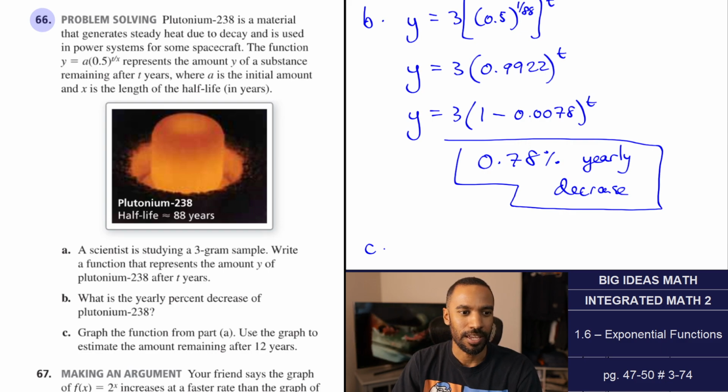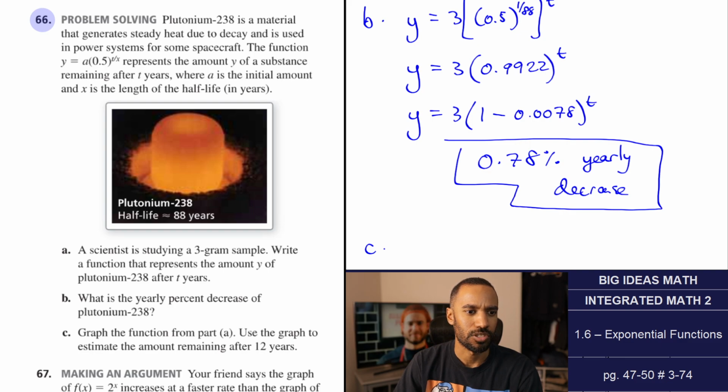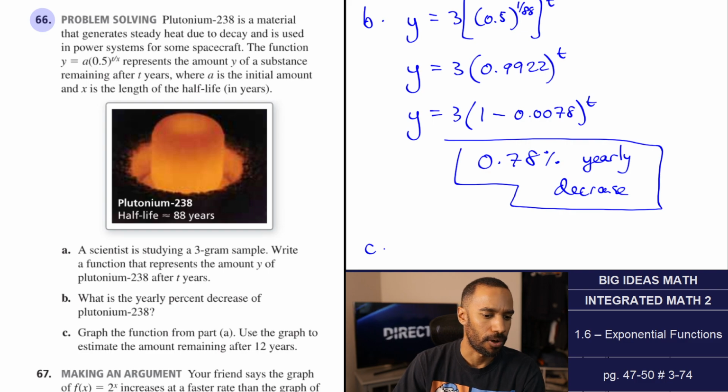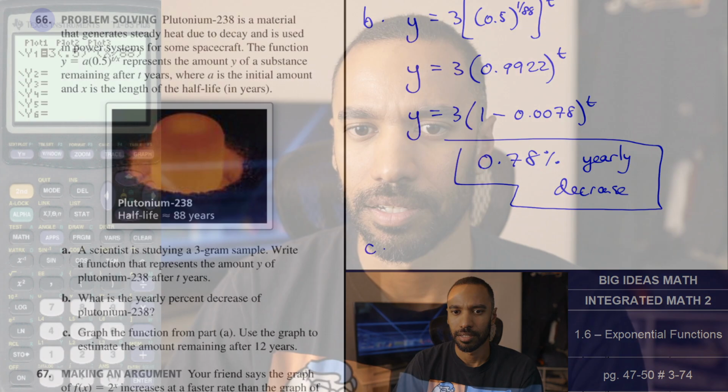So from part A, 3 times 0.5 to the t, or x in my case, over 88 power. Okay, I am doing that. I think that's the right information.